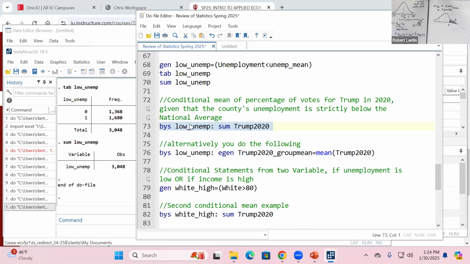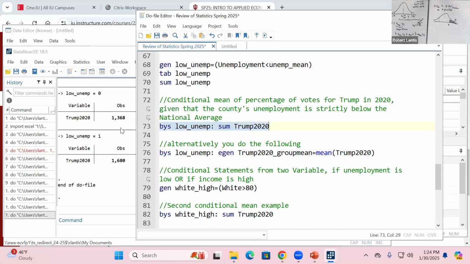So the only time you really want to use this is if you have an indicator variable, right? Technically, you don't have to, but for the sake of what we're doing right now, just when we have a 1-0 variable. So what this will do is summarize this Trump 2020 variable when low unemployment is equal to 0 and when low unemployment is equal to 1. That's what that by sort command does.